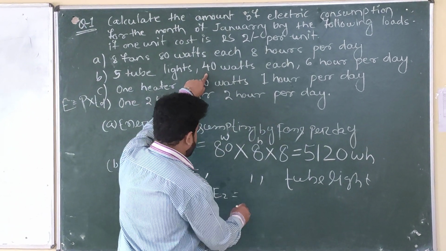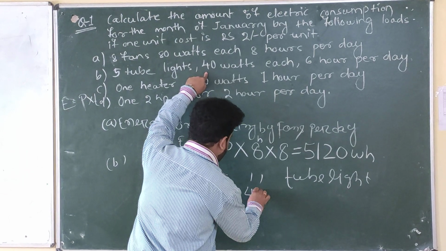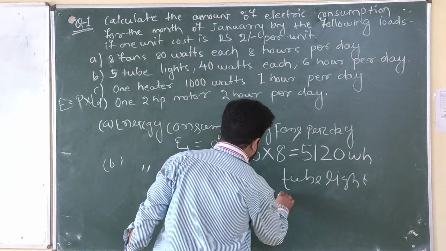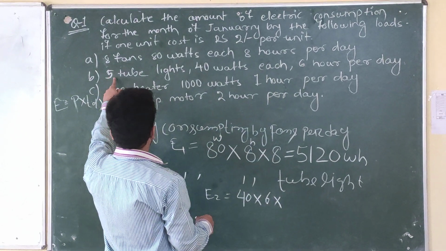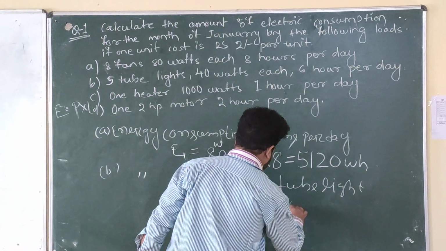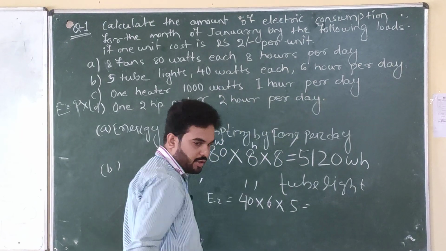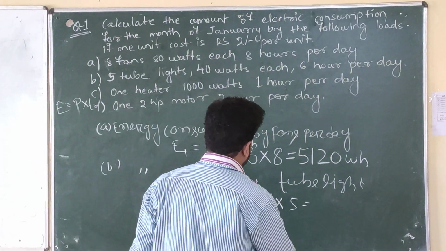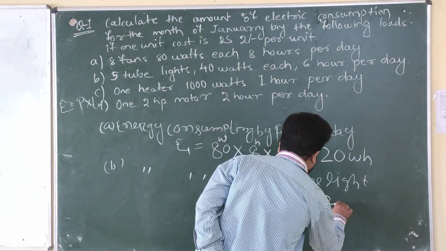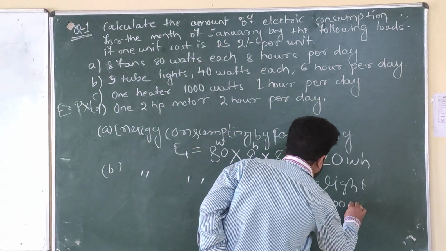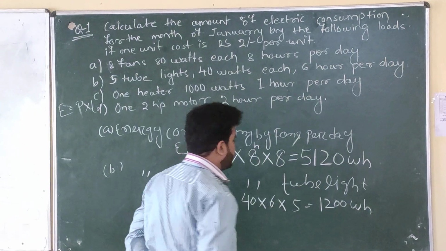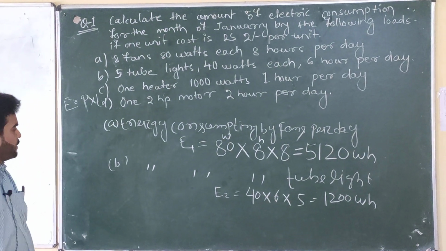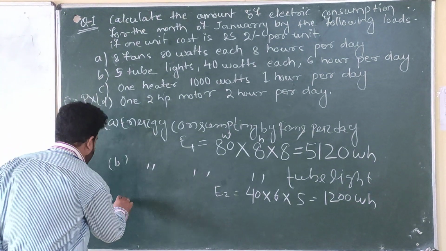First P is 40, into T, which is 6 hours, and there are 5 of them, so it is 1200 WH. Clear or any doubt? Clear? Okay.